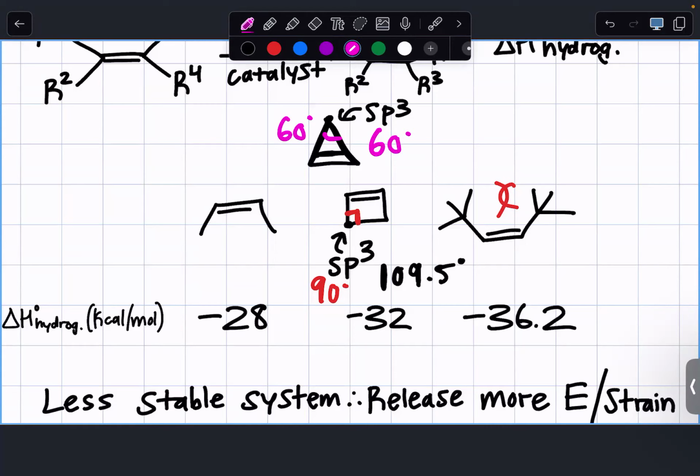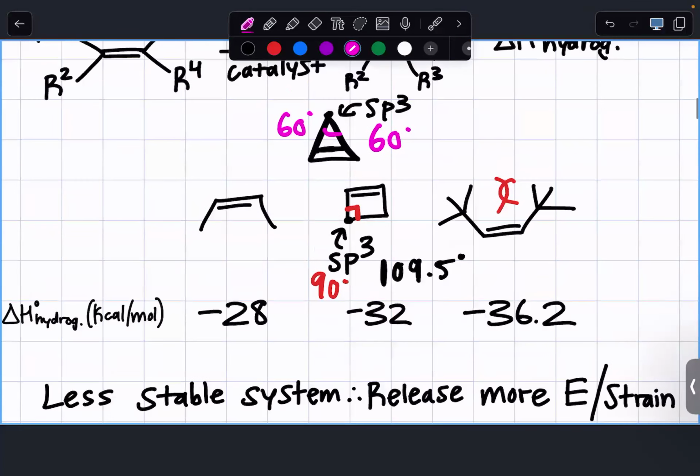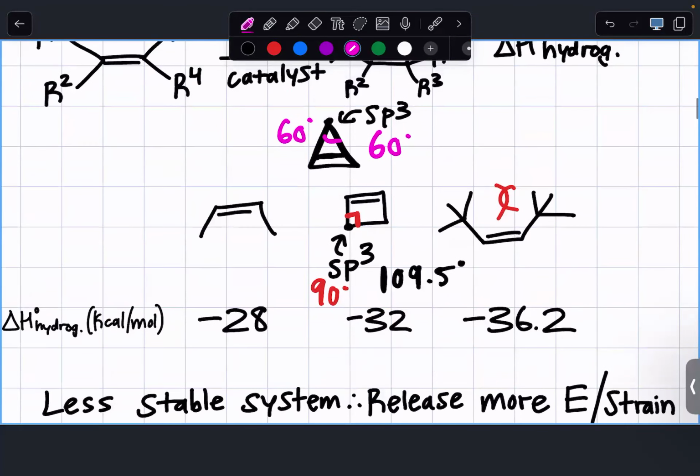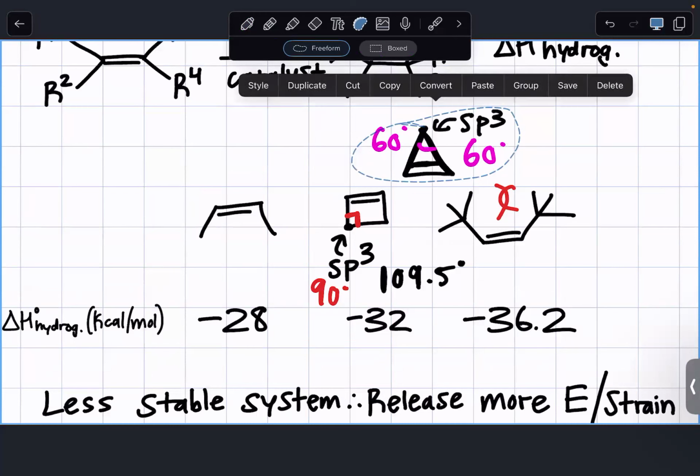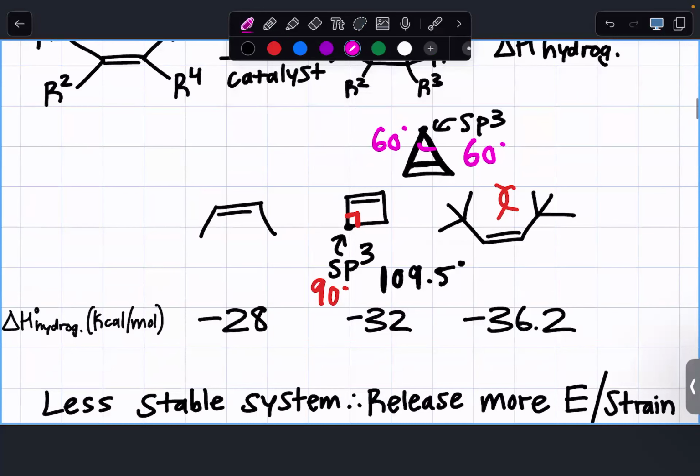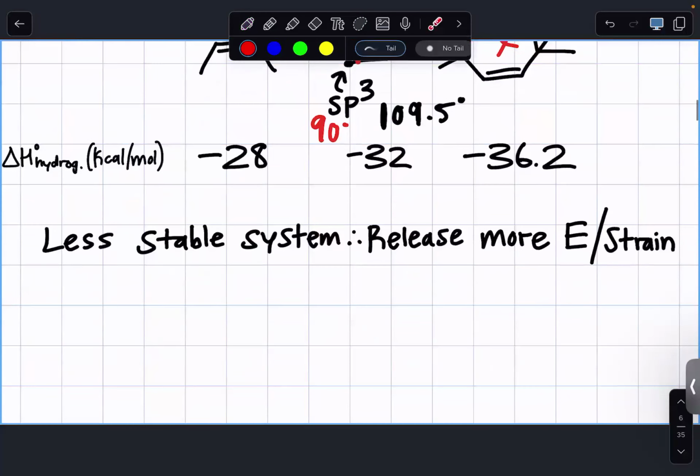The less stable the alkene is, the more energy it gives off. They're inversely related. Right? So this cyclopropene here would be higher in energy than the cyclobutene. Yeah, less stable, release more energy.